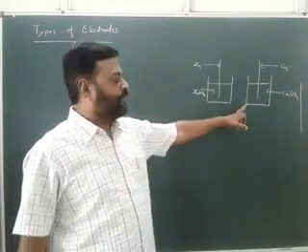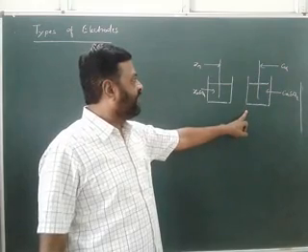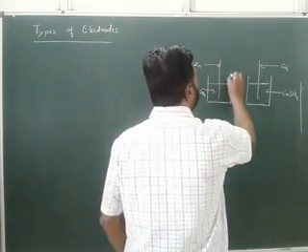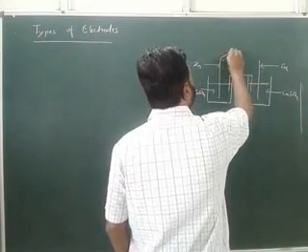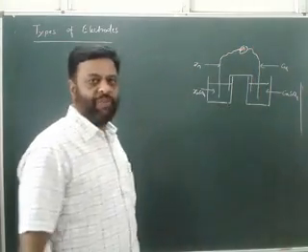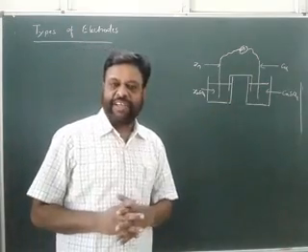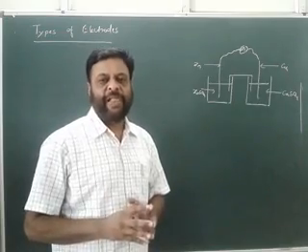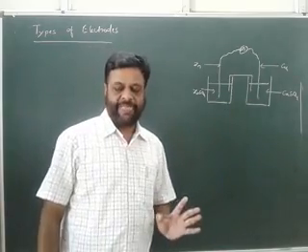The combination of these two single electrodes, internally connected with each other with the help of a salt bridge and externally by a metallic wire, is the Daniel cell. So this is one of the electrochemical cells, and for the construction of Daniel cell, we require two single electrodes.